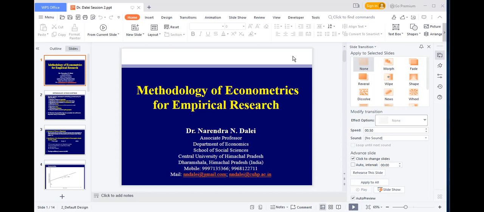So when there are already existing theories, what we can do is collect some data, maybe from a primary source, and using the data we can prove the theory.